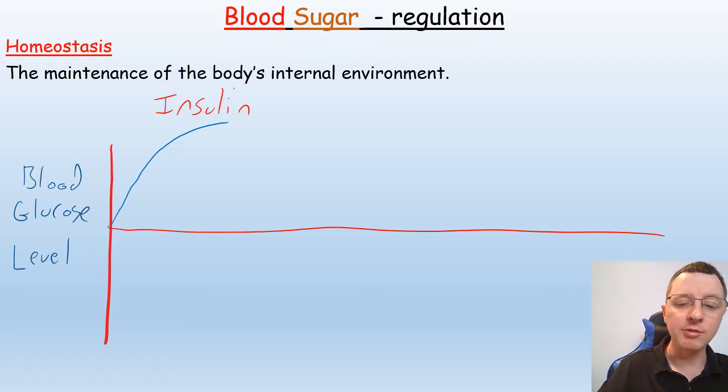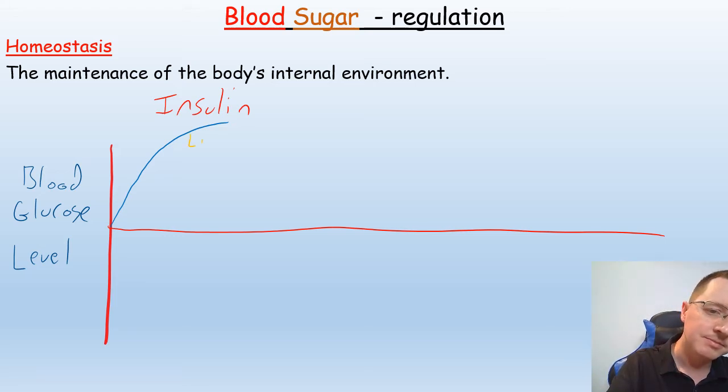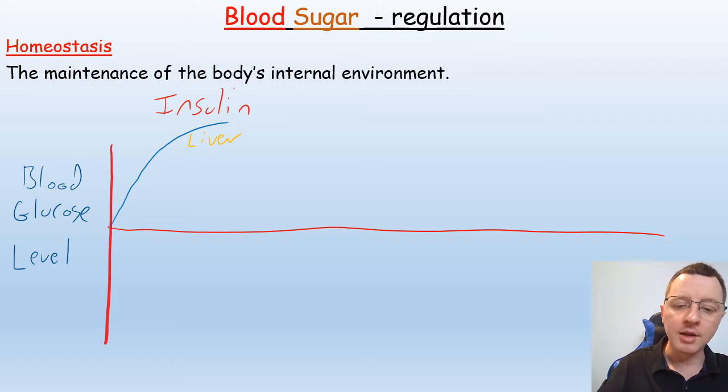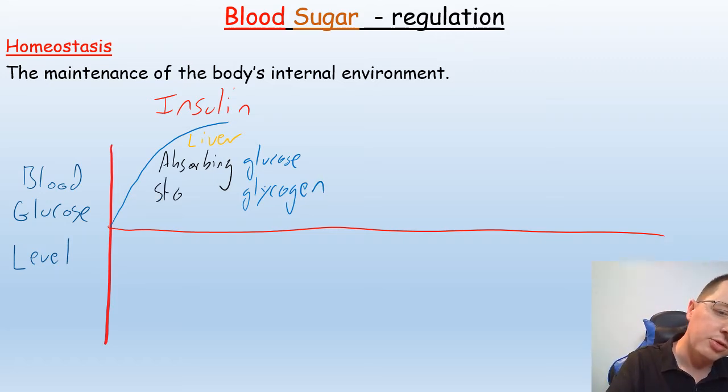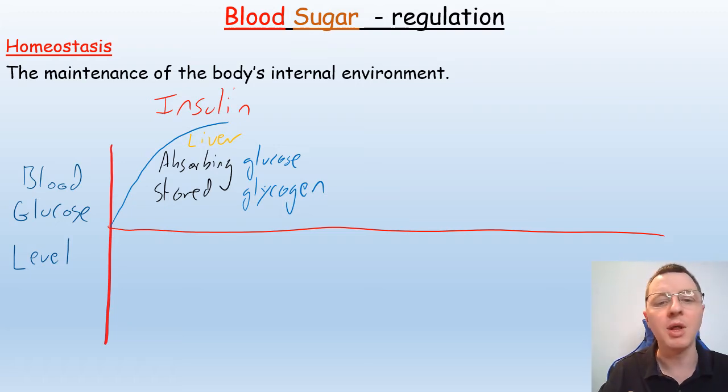Now insulin will travel in the blood, and it will travel to the liver, and the liver will then recognize the insulin and react to the insulin by absorbing the blood glucose and converting that glucose into a compound called glycogen. So the glucose will be stored as this insoluble compound, glycogen.